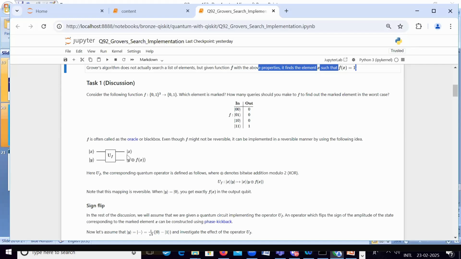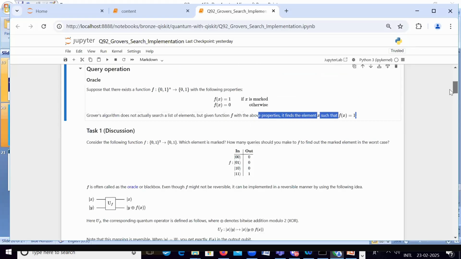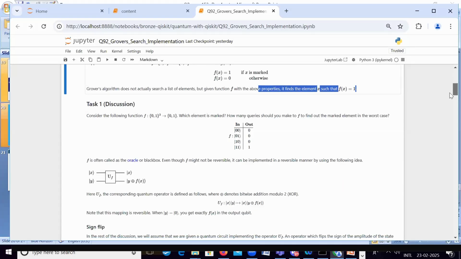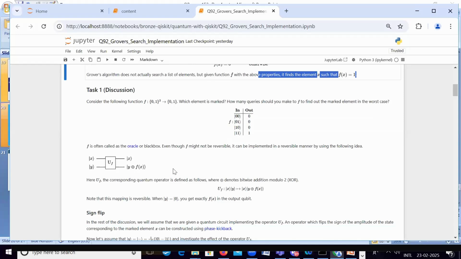The same function gives, for the marked state x, ket x, and then the direct sum of y with the function f(x). It produces ket x, but in the second one, for y, the same function gives ket y direct sum f(x).